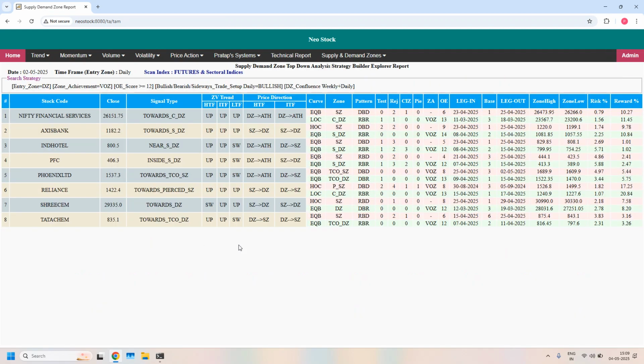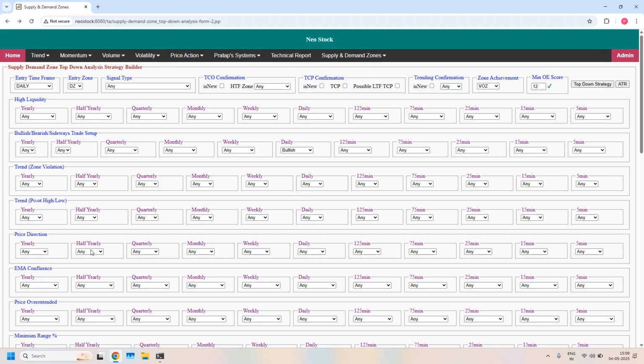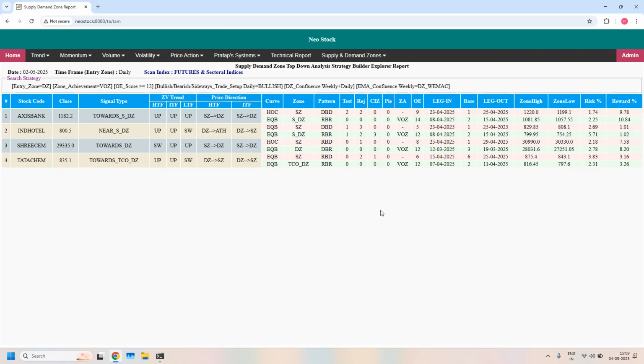In all these 8 stocks, your entry time frame daily demand zones are overlapped with weekly demand zones. But the weekly trend is up in all the stocks. ITF is the weekly trend. So let us verify that the weekly demand zone has weekly EMA confluence. And the trend is uptrend in all the weekly time frames, so we can filter, and 4 stocks we got.